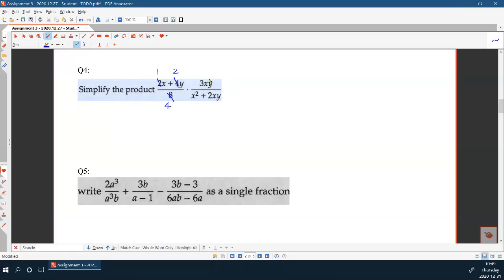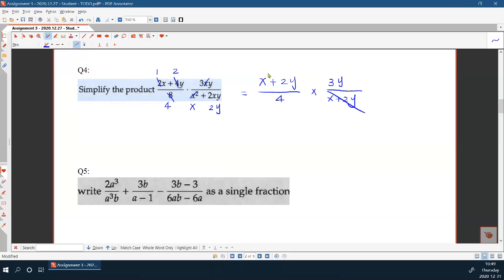And the second one, we can cancel an x here, which left us an x here, and 2y here. So first step, we have x plus 2y over 4, right? On the second term, we have 3y, x plus 2y, right?